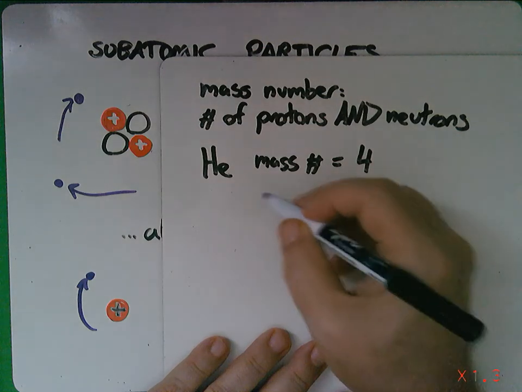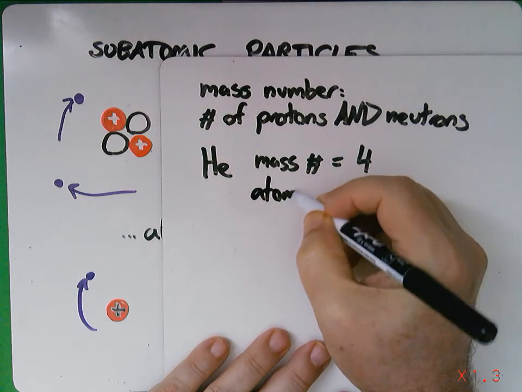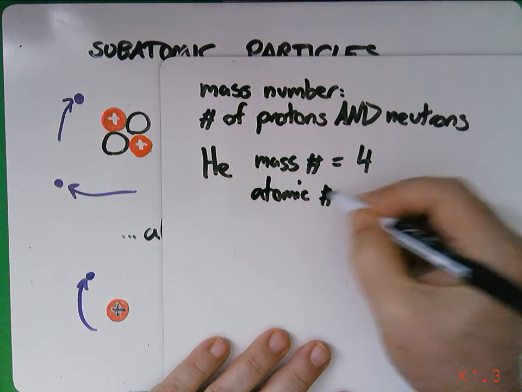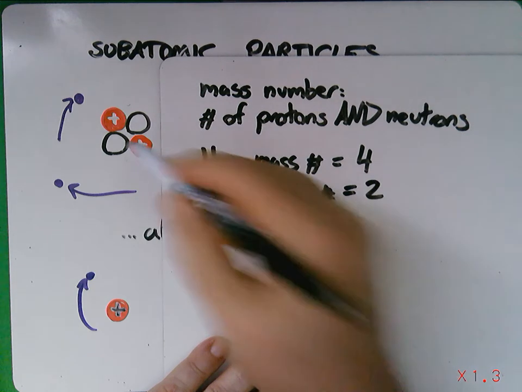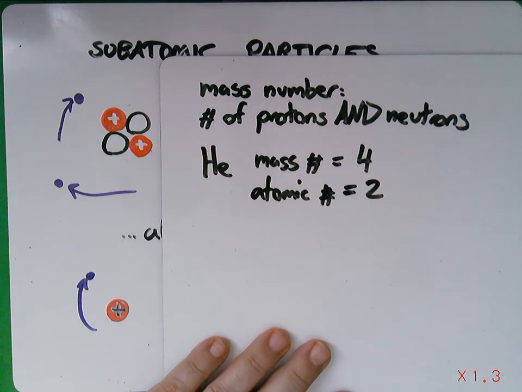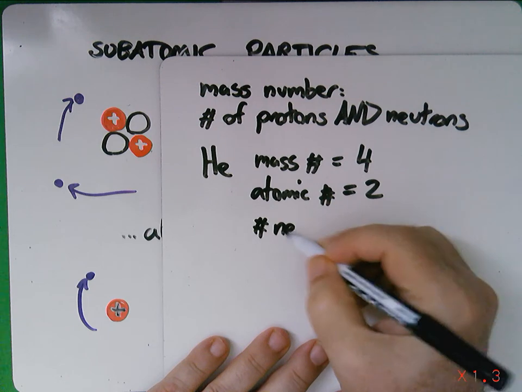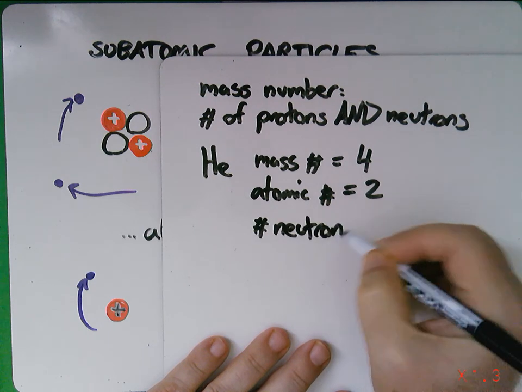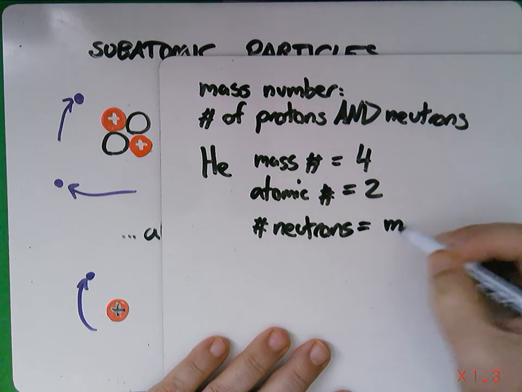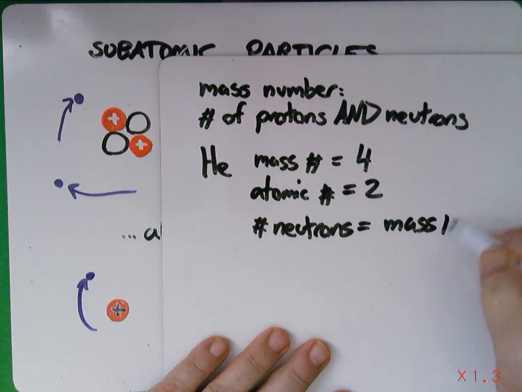Your atomic number is 2 because there are 2 protons. The number of neutrons is going to be the mass number minus the atomic number.